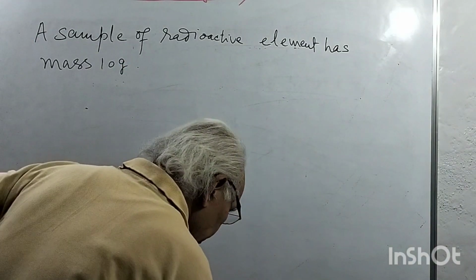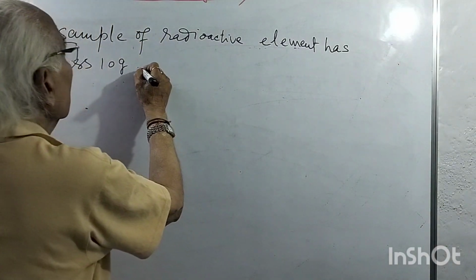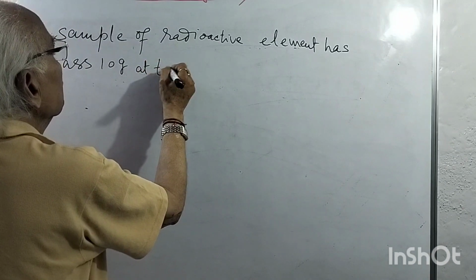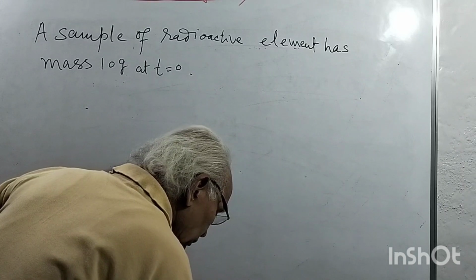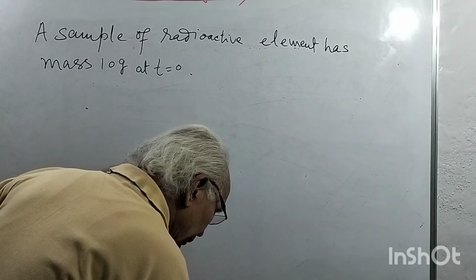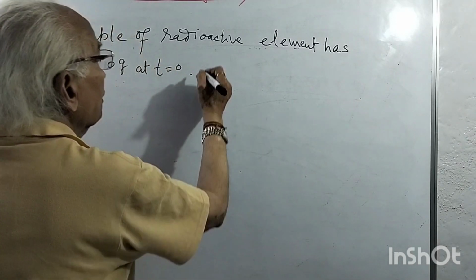Ten gram is the mass at t equal to 0, initially. What is the approximate mass of this element in the sample after 2 mean lives?